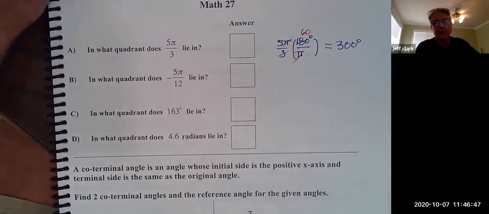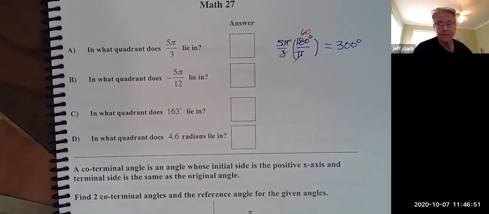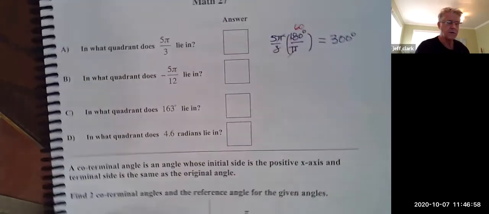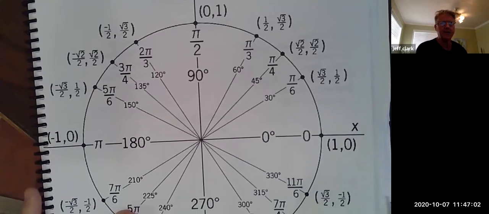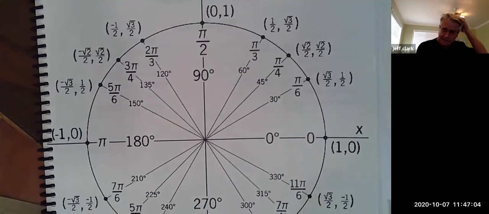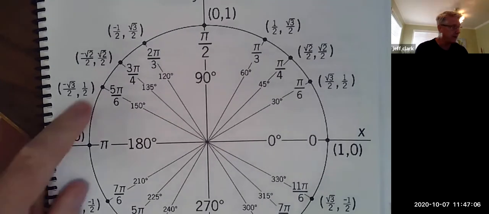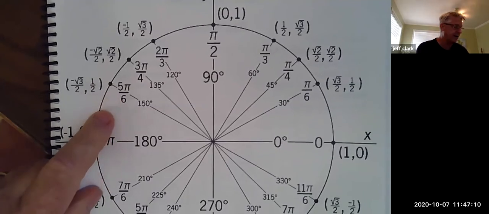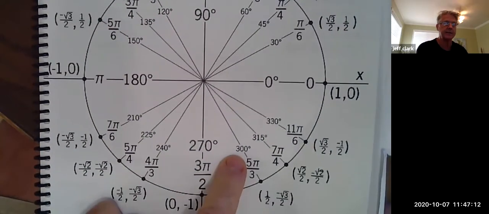Now, to figure out where 300 degrees is, on a previous page in the packet I'm giving you a copy of what I call the wheel. It's nice because it gives you not only the degrees, it gives you radians. So if I'm looking at 300 degrees, there it is right there, that's positive.